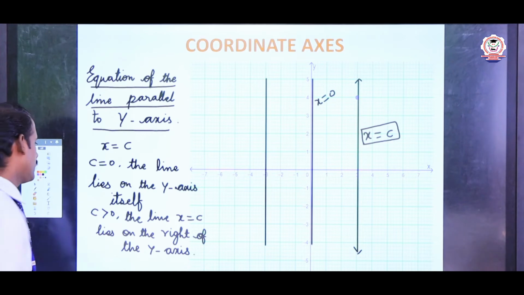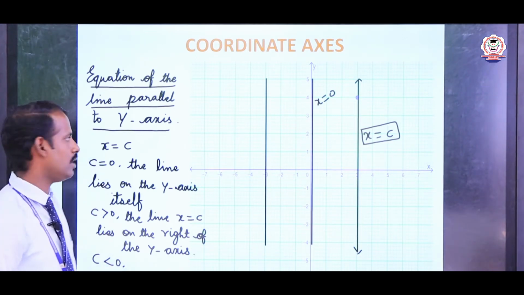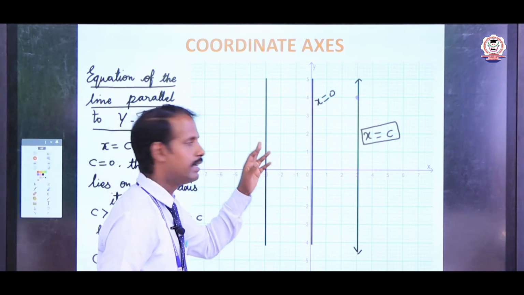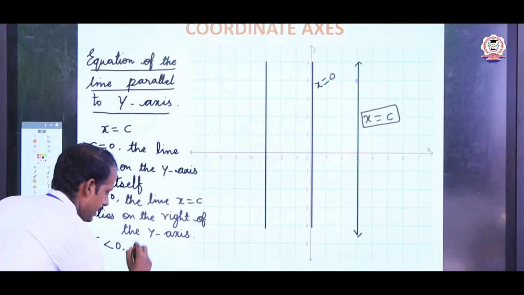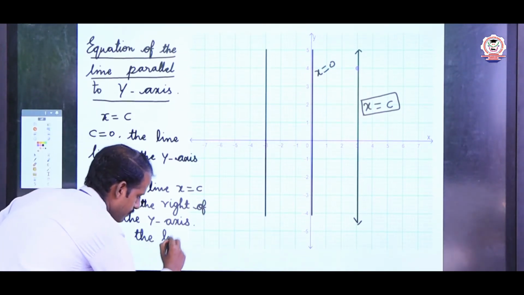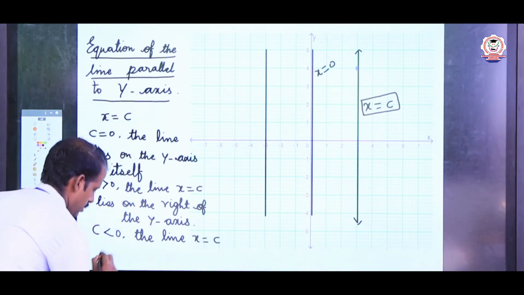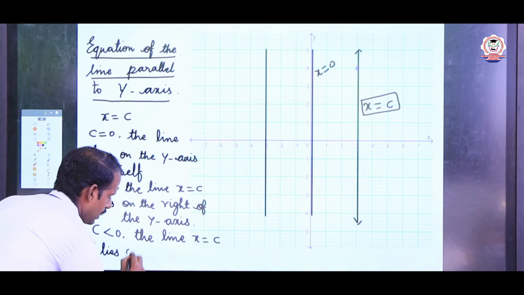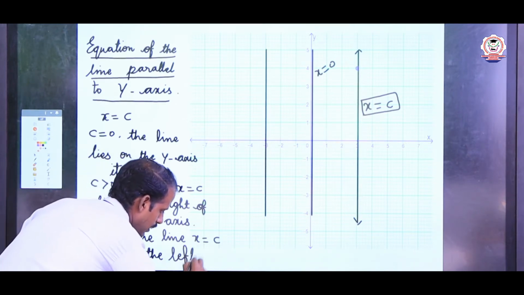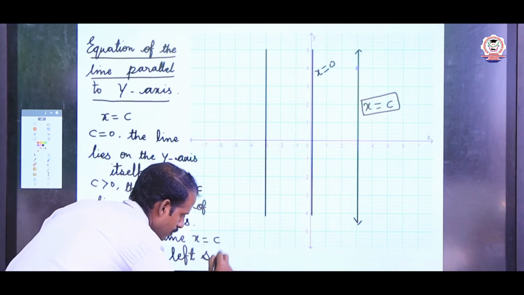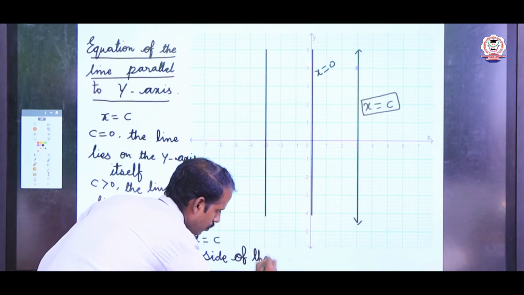The next one, c less than 0. c less than 0 means the value is negative. So negative value means the line is on the left side. So the line x equal to c lies on the left side of the y axis.